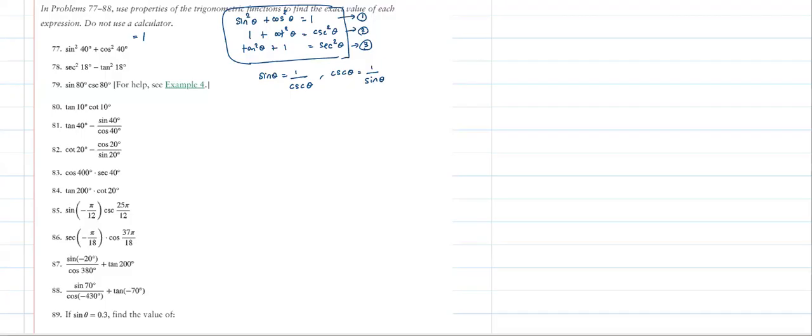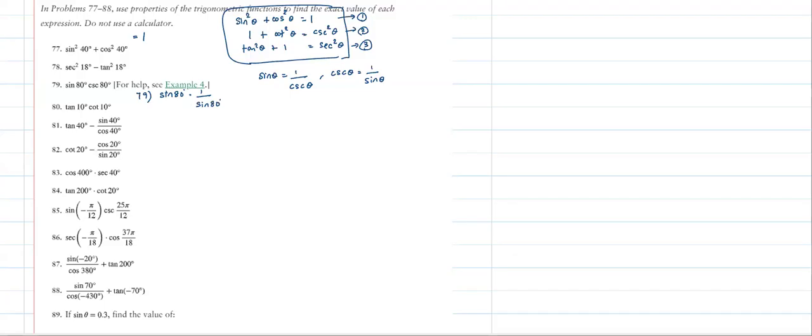Now, using that identity, for 79 I can write it as sine 80 degrees times 1 over sine 80 degrees, because cosecant 80 is nothing but 1 over sine 80.